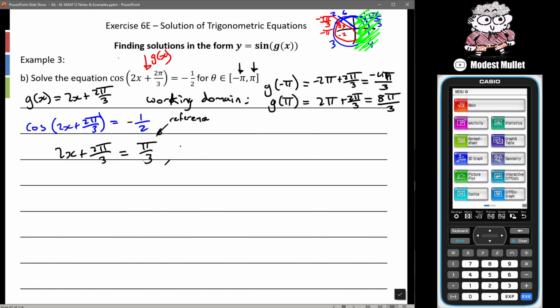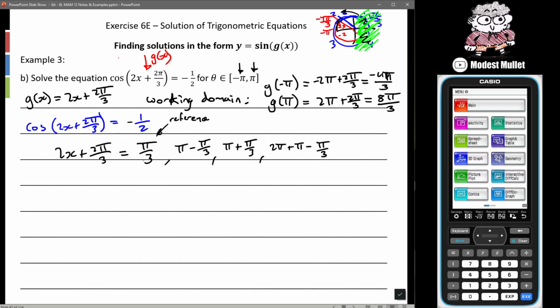So then we know in the second quadrant it's going to be pi minus pi on 3. We know in the third quadrant it's going to be pi plus pi on 3. We can exclude the fourth quadrant because it would technically be a positive cos value. We can exclude the fifth quadrant, and then we're coming around here into the sixth quadrant, so that's the same as 2 pi plus a whole other pi to get round and then come back with our reference angle, pi on 3.